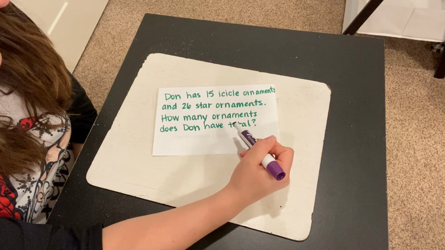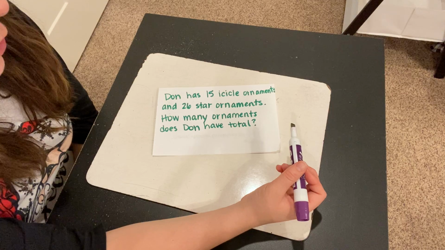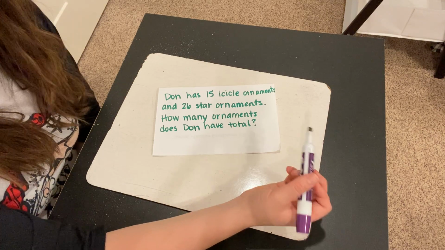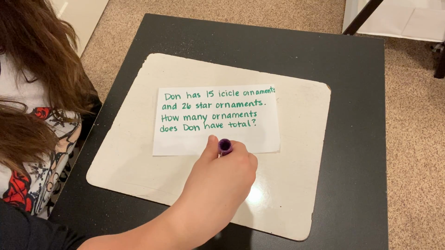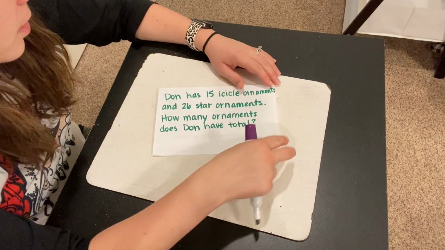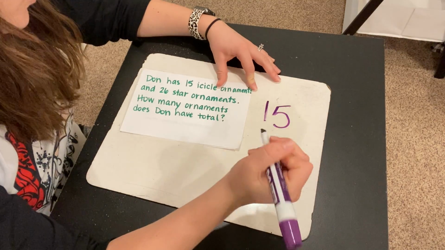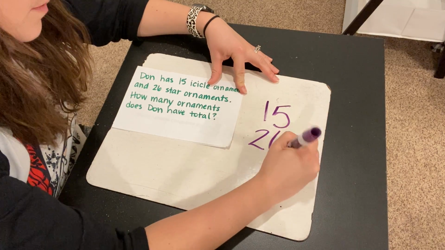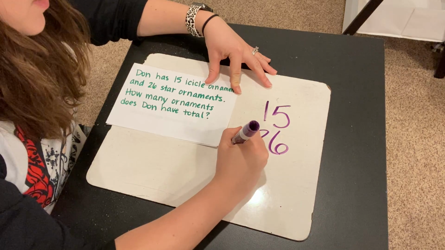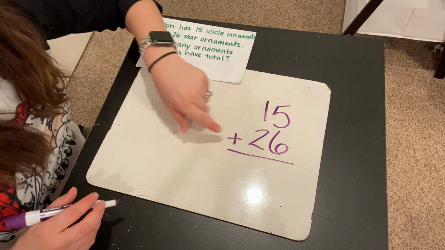If it's asking how many ornaments does Dawn have total, if we're asking for total, that means we need to add, right? Because total means all together. So she has 15 icicle ornaments and 26 star ornaments. We want to know how many there are total. Okay, so 15 plus 26.